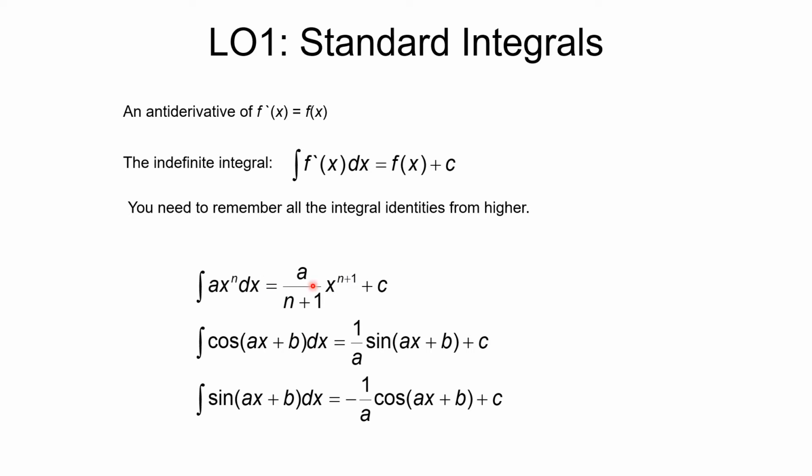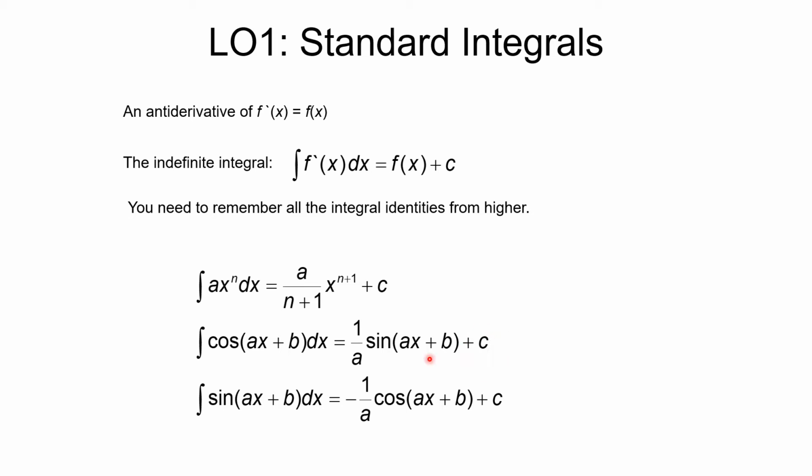So these are the standard integrals, for example ax to the power of n. When you integrate, you will arrive at this. For example, if you integrate 5x to the power of 3, you will get 5x to the power of 4 over 4 plus c. And if you integrate cosine of (ax plus b), your result will be 1 over a sine (ax plus b).